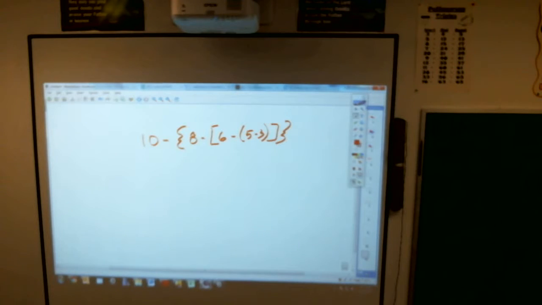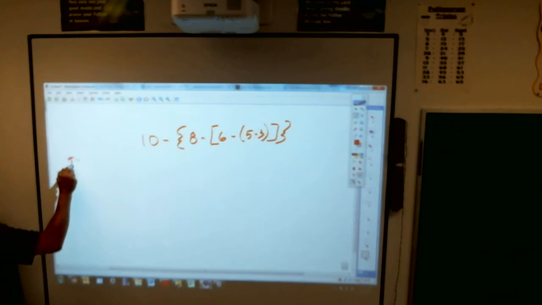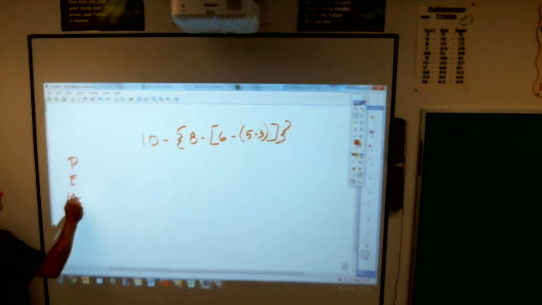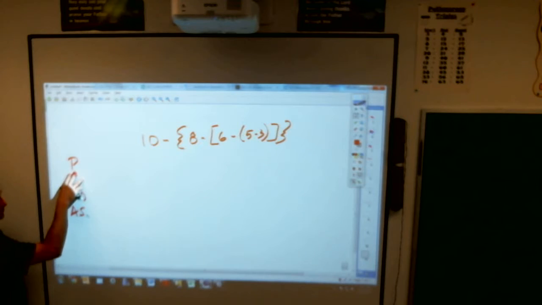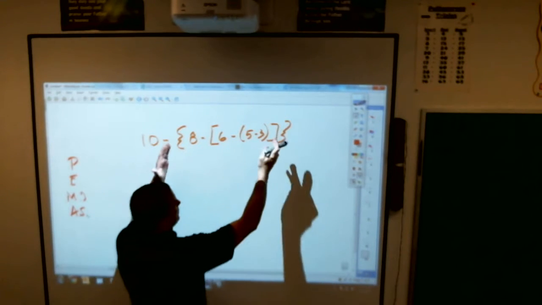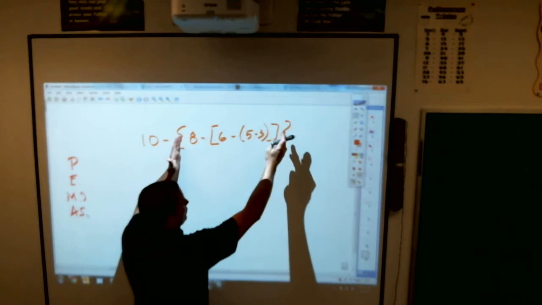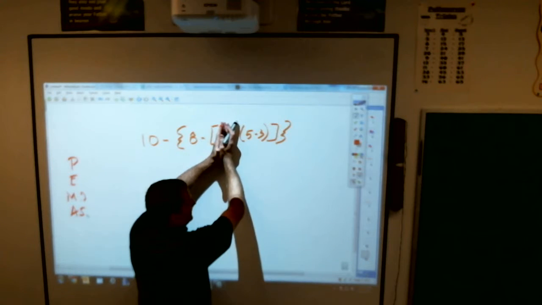I don't like this. When you see this, you have to follow order of operations. Please excuse my dear Aunt Sally. But in order to do the grouping symbols, you have to do order of operations inside of that to get it down to one number.